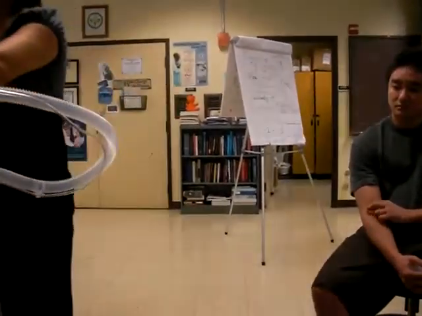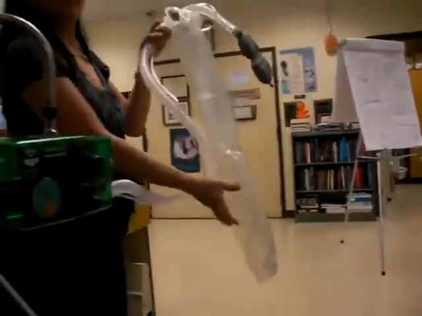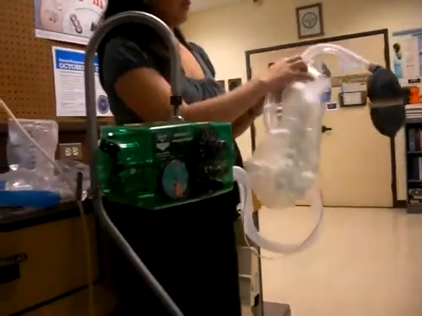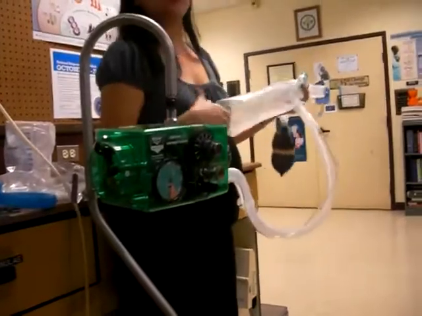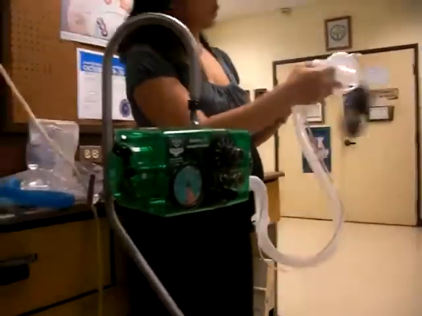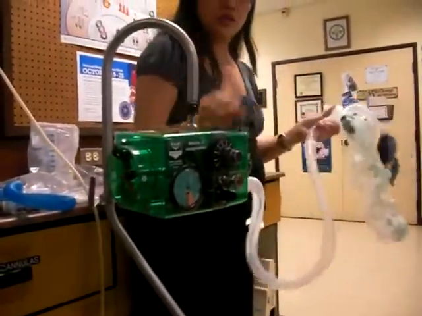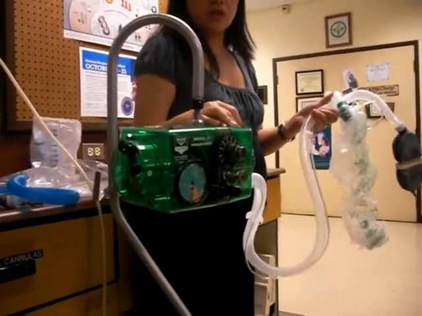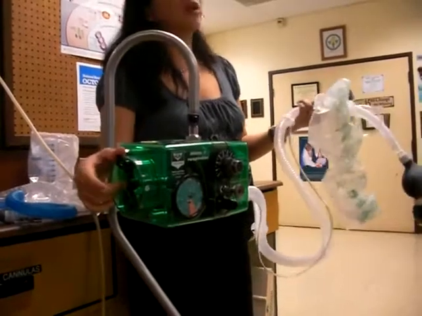What affects the tidal volume? Increase the pressure. You need to increase the pressure. So what do you do? You increase the pressure. Okay, this is a fake one, so I'll just go up here. Okay, and then you do it again.